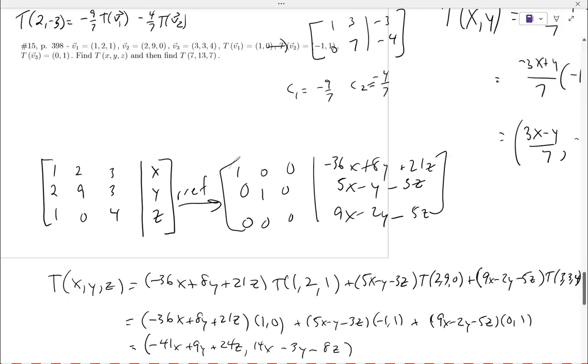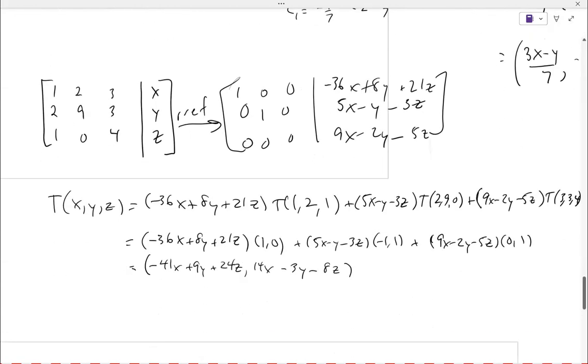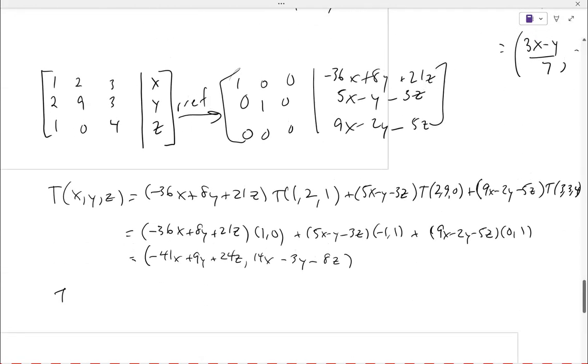All right. So now that we have a general rule, we can plug in the 7, 13, 7 and get our answer. At that point, it's just a matter of plugging in the 7 for the x, the 13 for the y, and the 7 for the z. So your transformation of 7, 13, 7. And I'm not going to simplify the arithmetic.